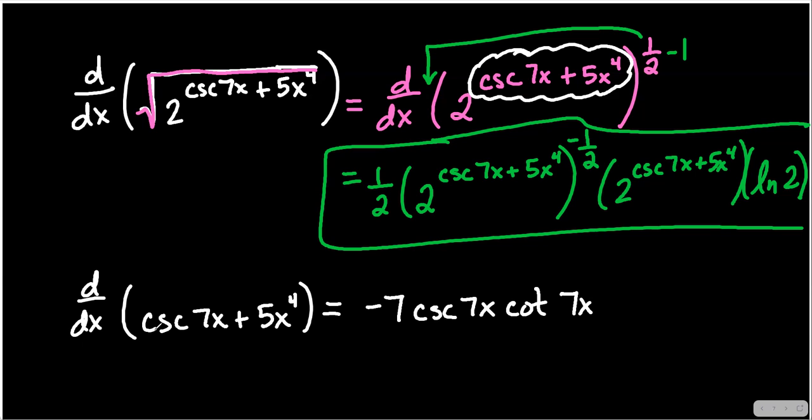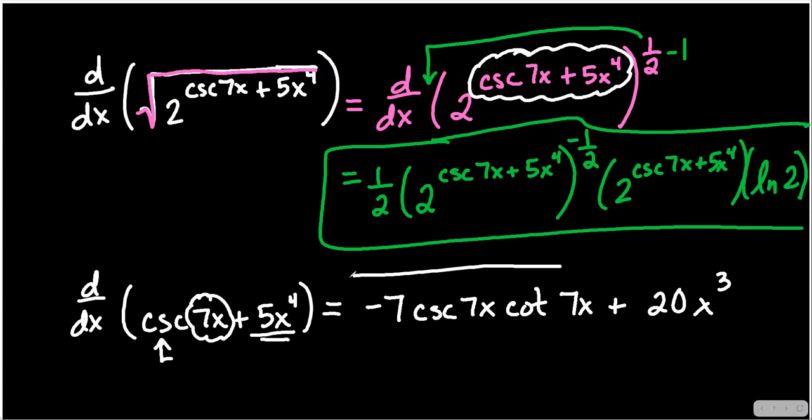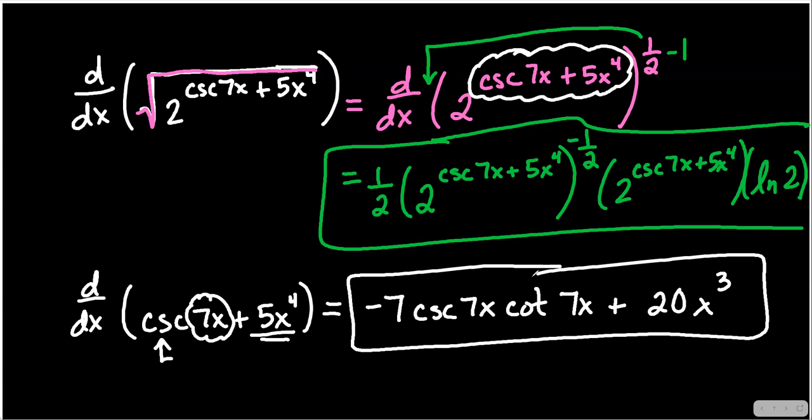The rule for the derivative of cosecant is negative cosecant cotangent, and the 7x portion is what produces that 7 in front. And the derivative of the other piece is 20x to the third. So there's our third portion to this answer. We have 3 layers to this. It's very complicated, but we have to look at each piece, a bite-sized problem.